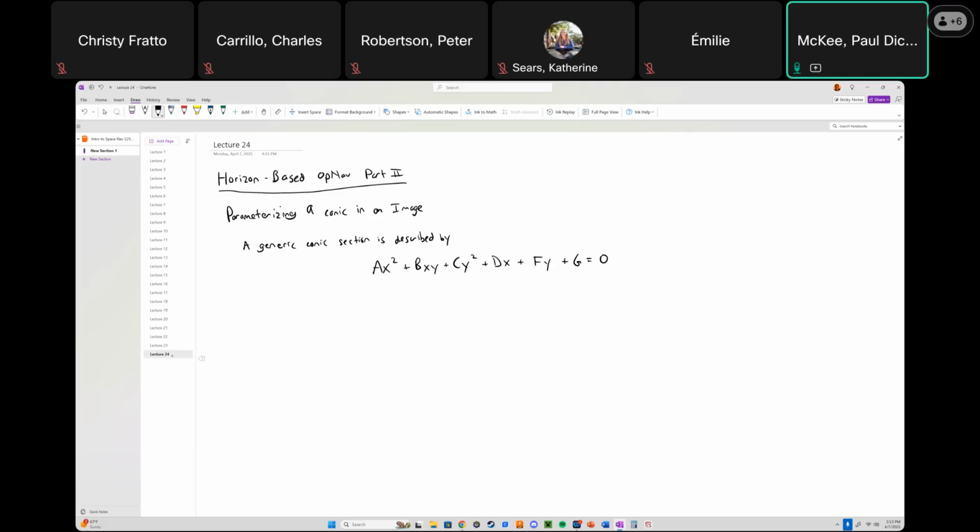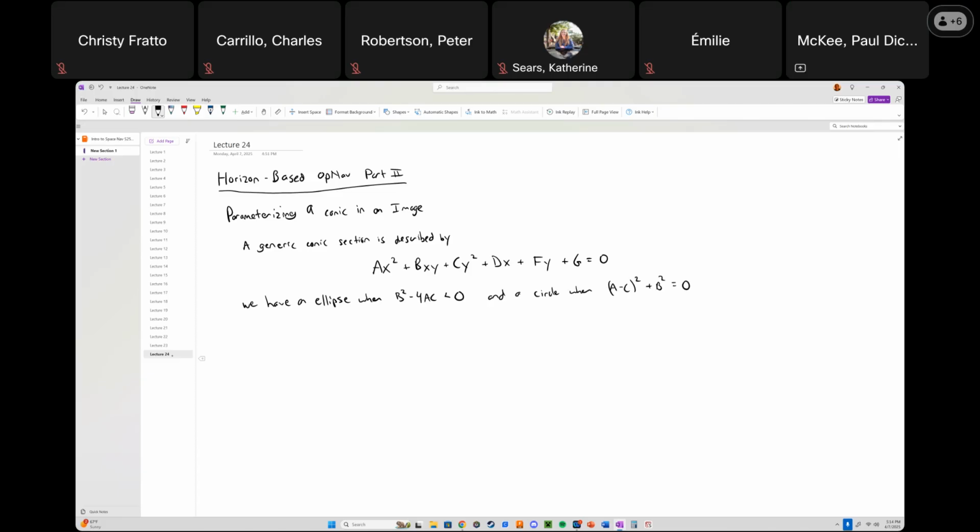This is any conic section. We have an ellipse when b squared minus 4ac is less than 0, and a circle when a minus c squared plus b squared equals 0.